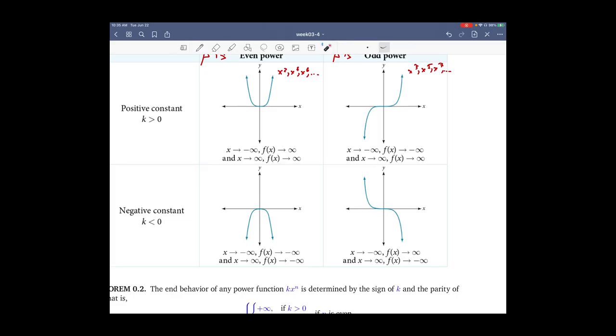You can think of this as being negative x squared, negative x to the fourth, negative x to the sixth, and of this as negative x cubed, negative x to the fifth, negative x to the seventh, and so on.